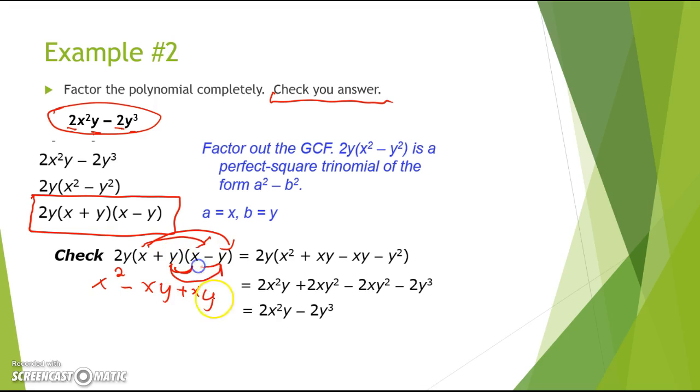Y times negative y is minus y squared. And then you combine like terms here to get 2x squared y plus 2xy squared minus 2xy squared minus 2y to the third. And then that would factor out to be what the original answer is, 2x squared y minus 2y to the third.